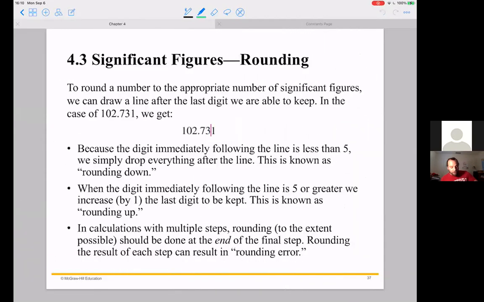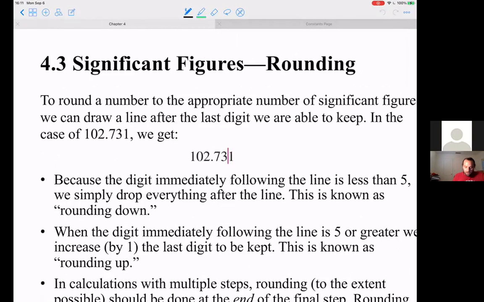All right, the last important thing about sig figs is rounding to a sig fig. This will make more sense when we start multiplying, dividing, adding and subtracting numbers. But the bottom line is, let's say you were given a number like 102.731, and you were told that this 3 is actually the last significant digit. Then you would round your answer to that sig fig.